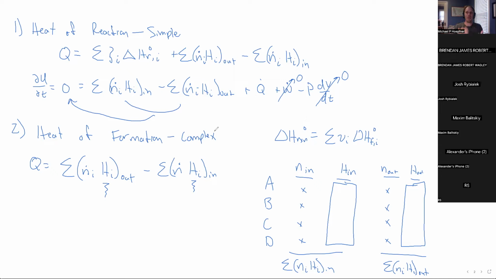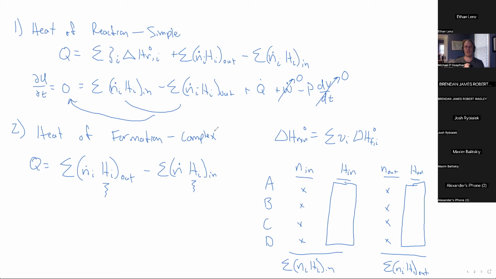Instead, with the heat of formation method, you don't actually have to worry too much about how much extent 1 is, how much extent 2 is. Once you solve the material balance using atom balances, molecular balances, or extents of reaction, you don't actually care what reactions are occurring. You just need to know this number of moles are coming in, this number of moles are coming out. And then you can basically just calculate all the enthalpies and it'll all work out.